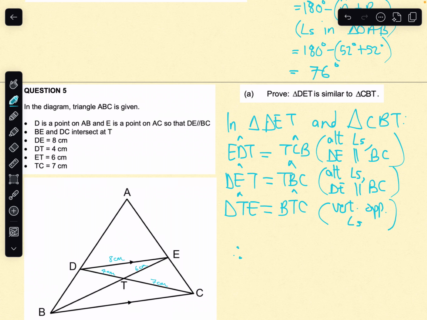And so therefore, triangle DET is indeed similar to triangle CBT, and the reason is angle, angle, angle. Very important to keep the order.